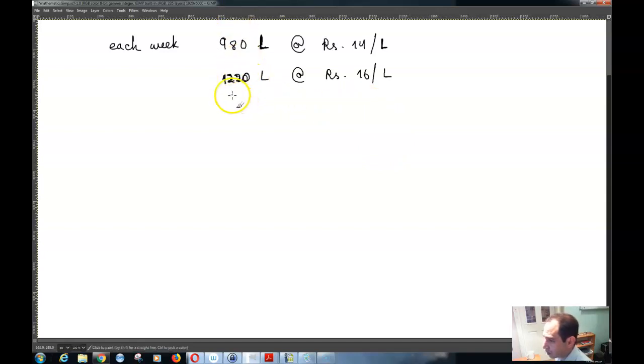So you want to know how many liters could he sell at 17 rupees per liter.